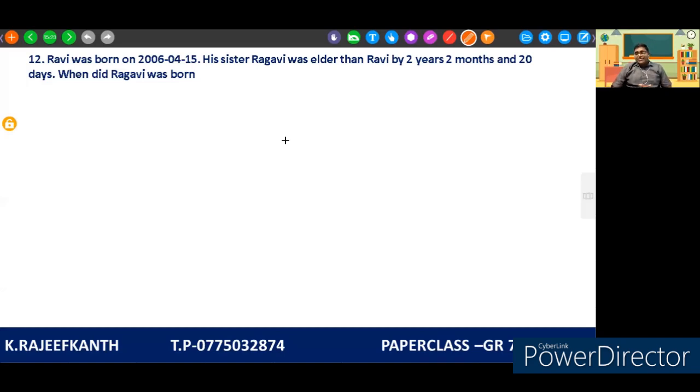He was born 2006, April 15th. Now his sister Raghavi was elder than Ravi by 2 years, 2 months and 20 days. So we have to find the date of birth of Raghavi. That means we have to find when she was born, right?